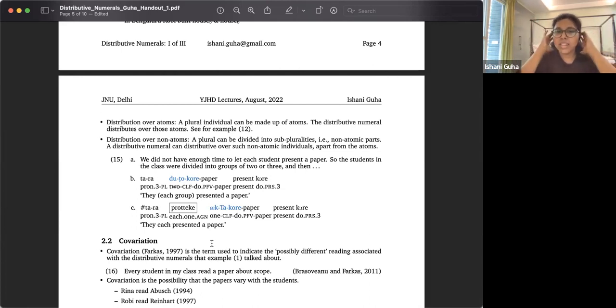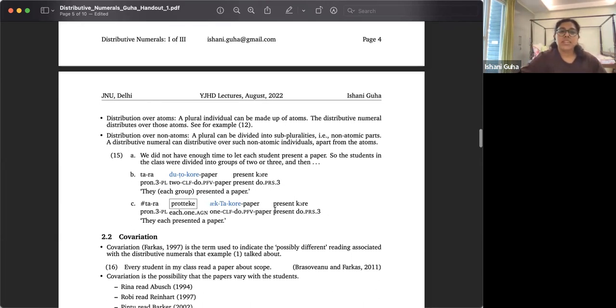So this is the part where I touch my ears. This concept of distribution of subpluralities comes from my advisor, Schwarzschild. I haven't referred to his name here, but this whole concept comes from his work.